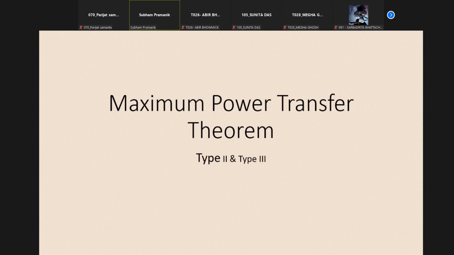Last day I probably also stated that the average power is found as mod I square multiplied by the resistive component of the load. As long as there are only resistive elements in the network, there is no need to take mod I, because current will always come in real form.